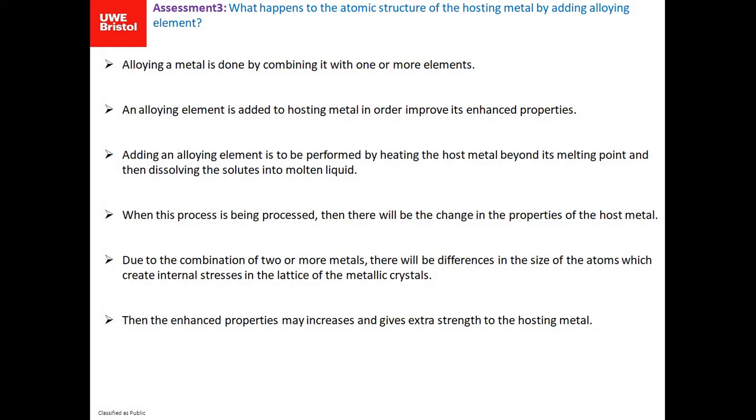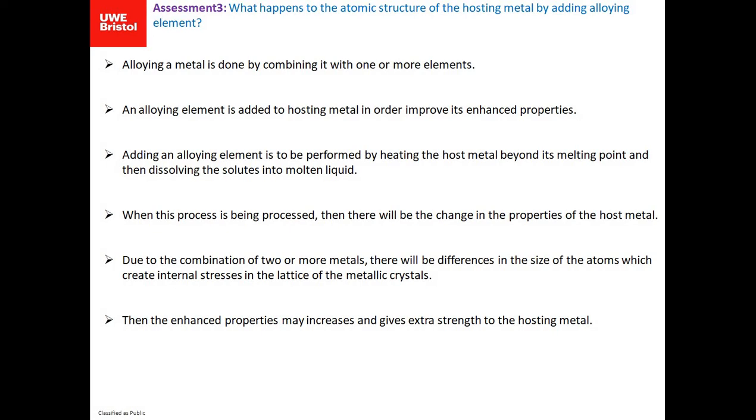Alloying a metal is done by a combination of, or adding, another substance into it. That is what we learned in chemical reactions, right? So why is an alloying element added?